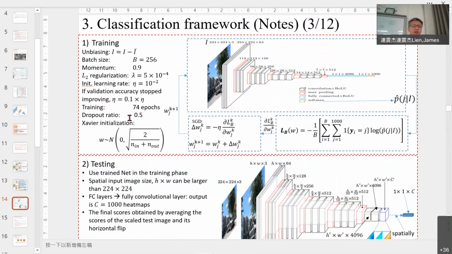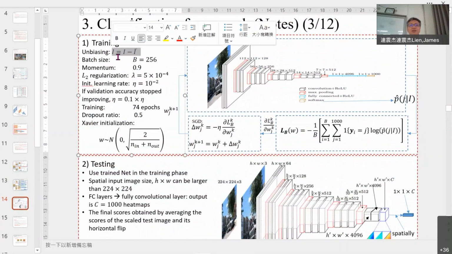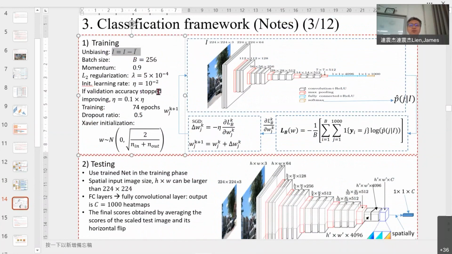One more thing here is the parameters. What kind of parameters are important during deep learning? The first one is the pre-process. Your input can be the original image. That's one way, but usually this is not so good.